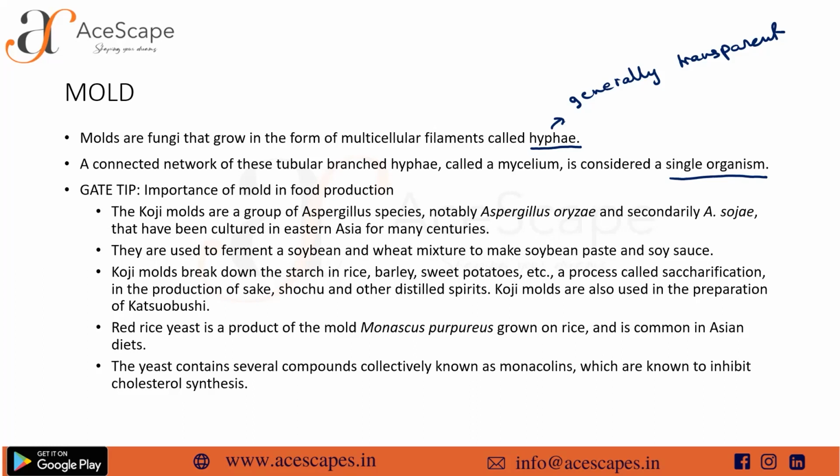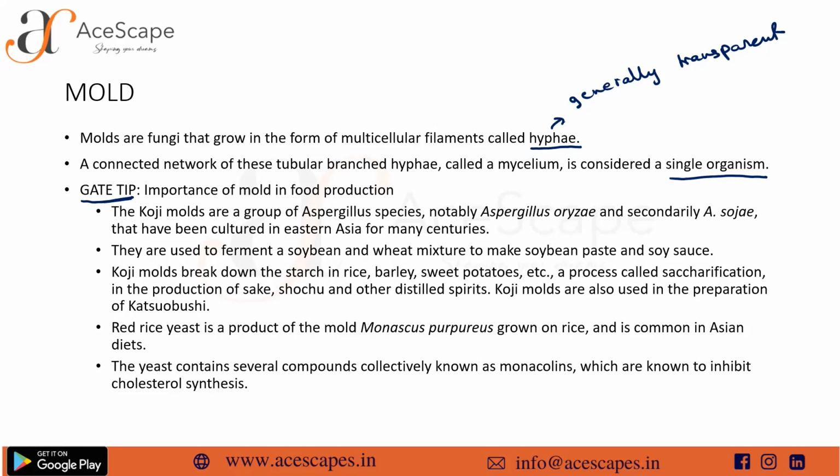These molds play a very important role in biotechnology and food science in the production of various foods and beverages. There are so many, but these are some common ones. Like the koji molds, a group of Aspergillus species, notably Aspergillus oryzae and A. sojae.